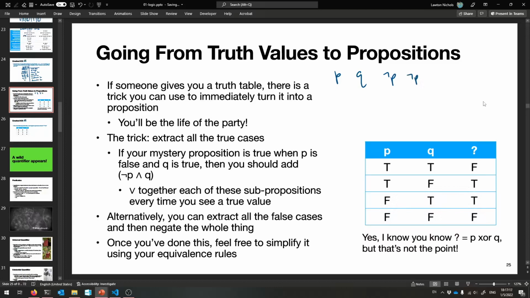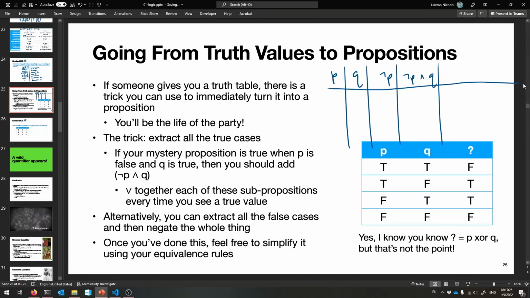Not P and Q. So true, false, true, false, true, true, false, false. And then not P, we negate. So false, false, true, true. Not P and Q: take this and AND it with Q. That's going to be false, false, true, false. You see how this is a column with just that one case that we extracted true.